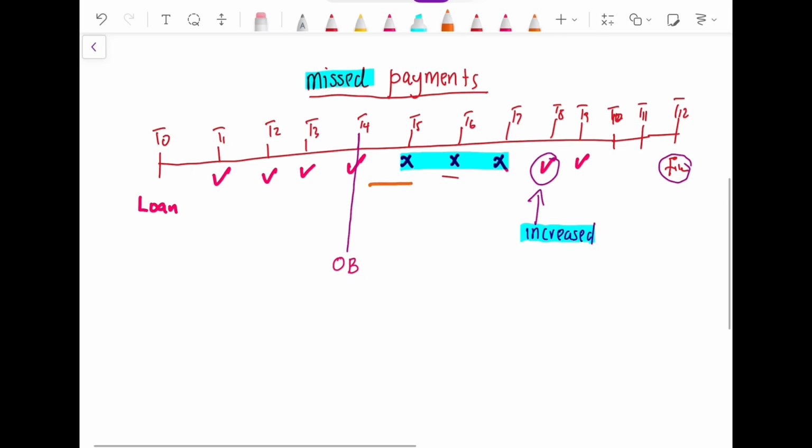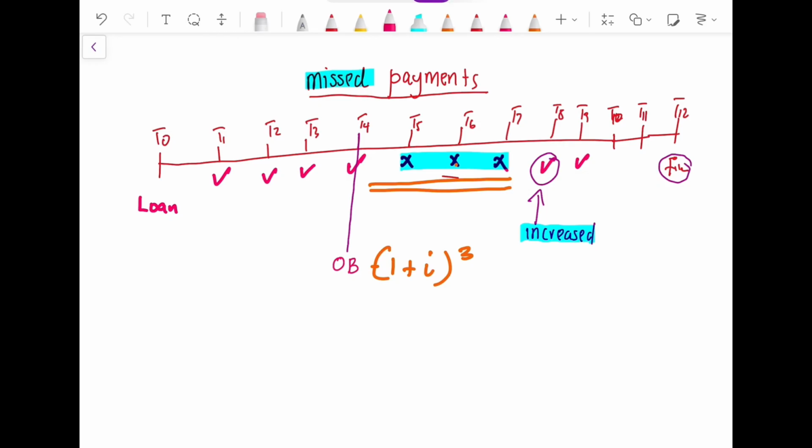Remember, during this period there is no annuity, because there are no payments being made at regular time intervals. So whatever amount you are owing here will grow with compound interest for the months missed. So it will be the outstanding balance, you must find it first, into 1 plus I to the exponent. How many months have you missed? 1, 2, 3. So to the exponent 3.